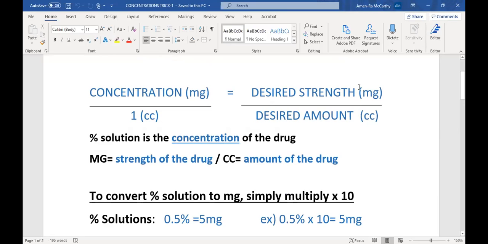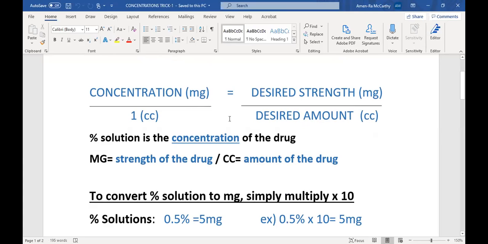And so you have a desired amount over desired amount of pills, right? And so if the doctor said, I want you to give 2 pills at a concentration of 0.5%, right? Then if it's 5 milligrams for every pill, and if I give you 2 pills, of course you would have 10 milligrams, right?